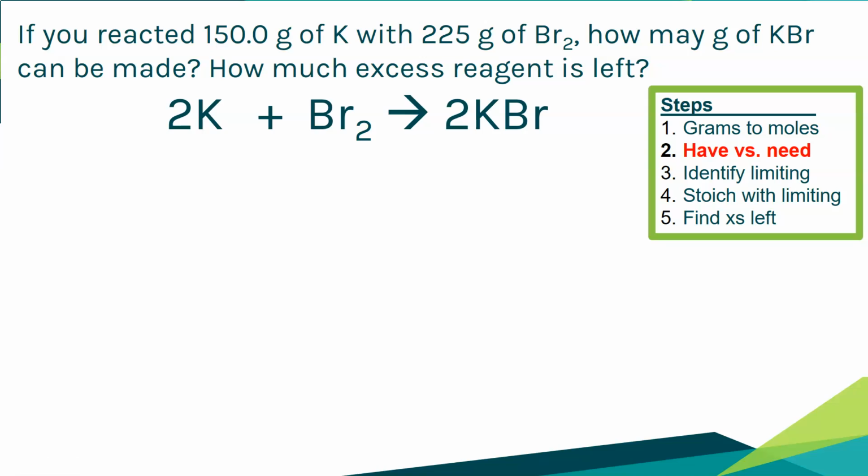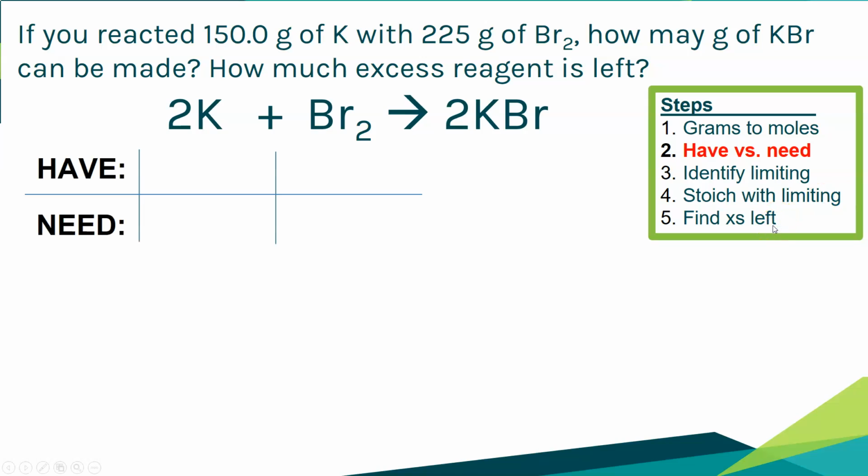Next, we're going to make our have-need chart. Okay, that's what I call it. I don't think it has an official fancy name. That's just what I call it, a have versus need chart. So we have two chemicals that we're working with. We have potassium and we have bromine. I like to just do it directly under the balanced equation.